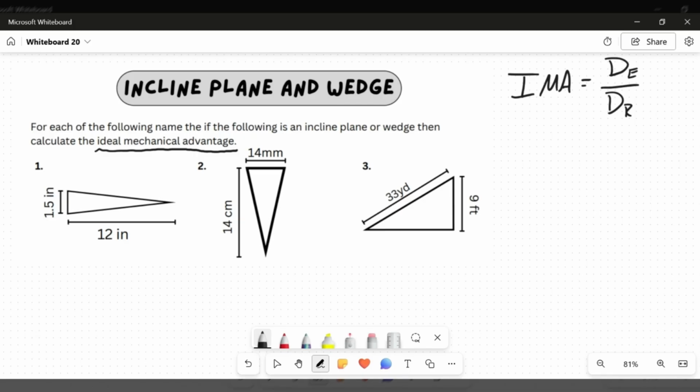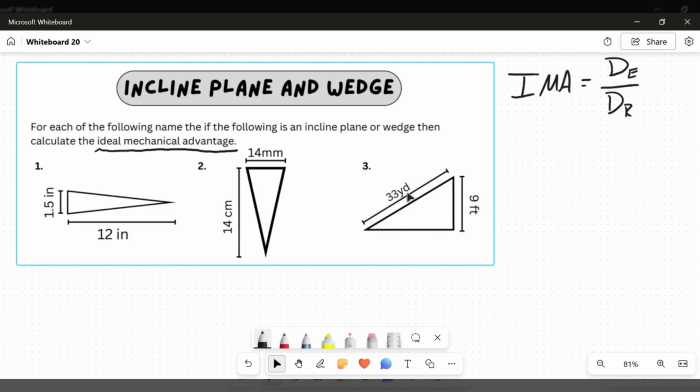When we're talking about effort, if we're going up a ramp, we would be putting in the effort going up the ramp, and resistance is gravity. So how high we would actually be going is important there. We have to keep that in mind. Effort is up the ramp, resistance is how high.